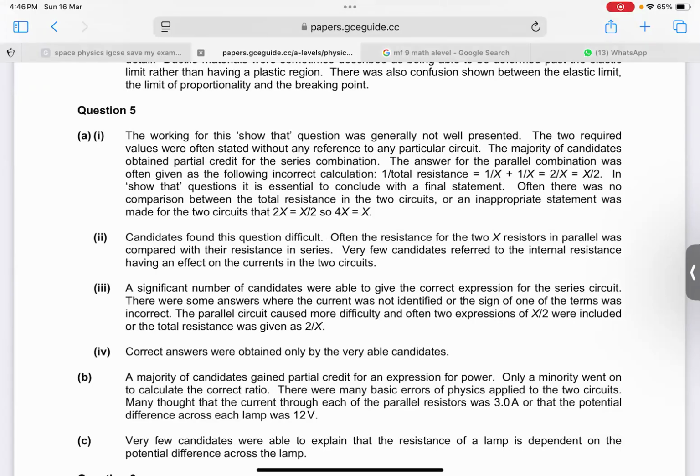The two required values are often stated without any reference to any particular circuit. The majority of the candidates obtained partial credit for the series combination. The answer for the parallel combination was often incorrect, as in the following incorrect calculation: 1 over total is 1 over R1 plus 1 over R2. In comparison between the total resistance of the two circuits, an inappropriate statement was made.